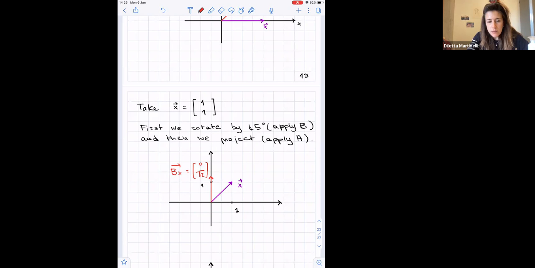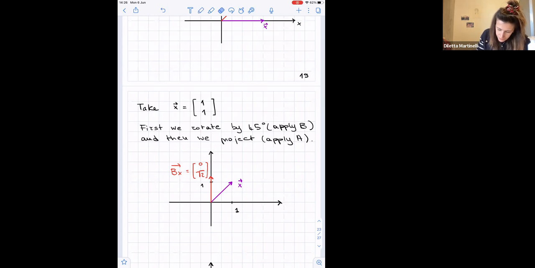So if we project Bx, it remains the same, right? Because it's already on the y-axis. It coincides with the projection.